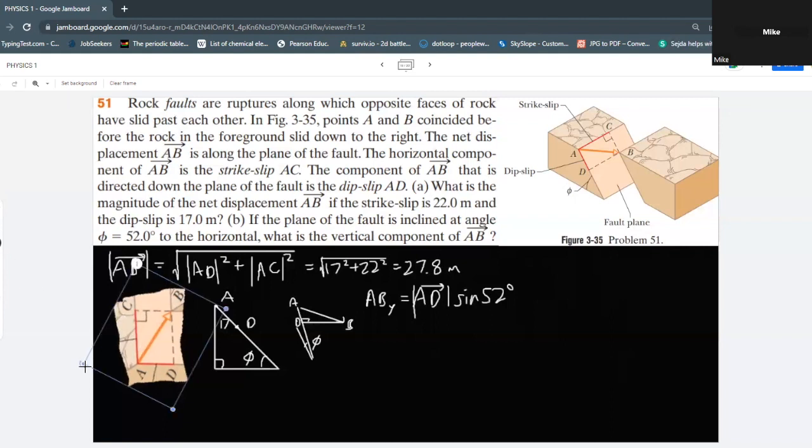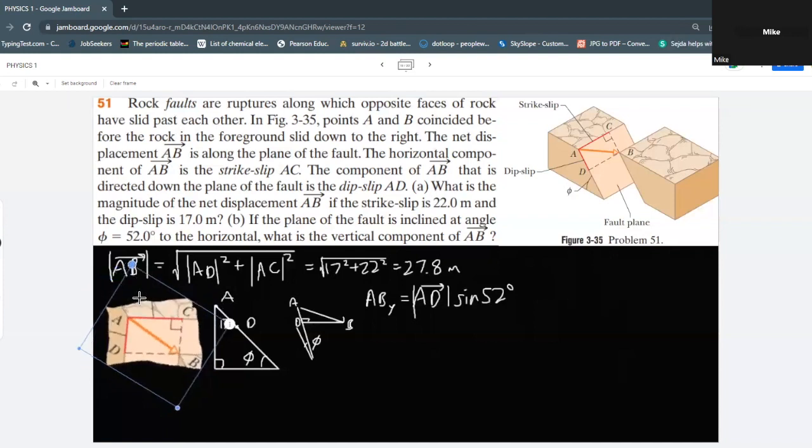Kaya, so ano yung sagot mo sa letter B? Yung magnitude ng vertical component ay? Kasi hindi ko maintindihan. At least, okay, may nakasulat ka A, B, Y. So what?